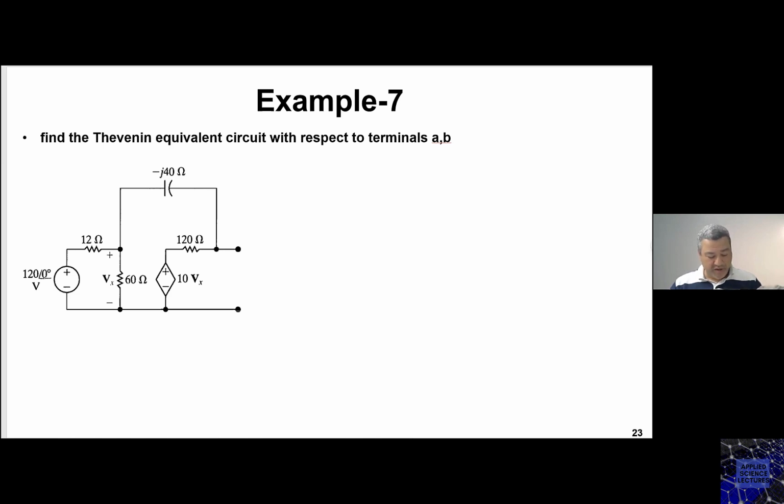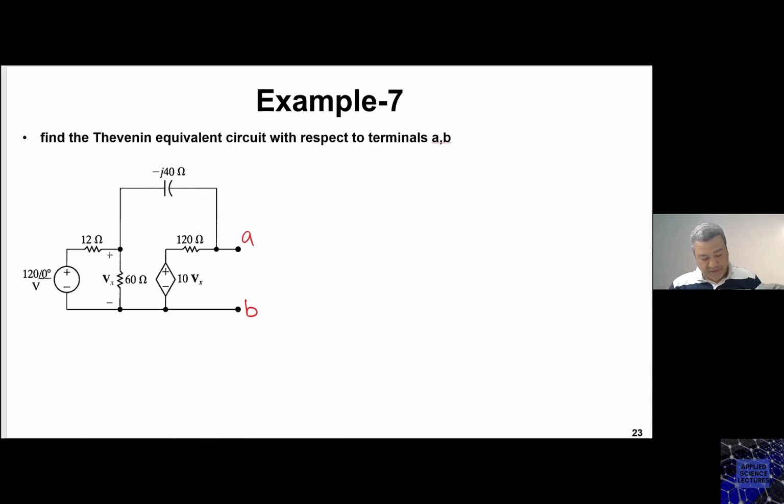I'll let you try solving this example on your own, which is exactly the same thing as what we have done. You need to find the Thevenin equivalent circuit. So this is A and B.